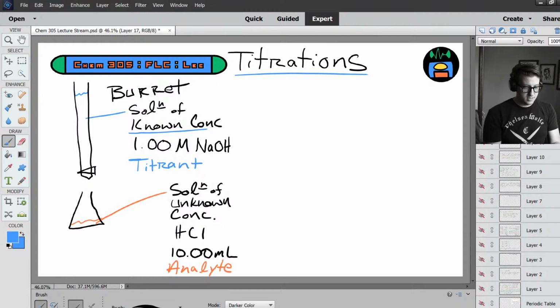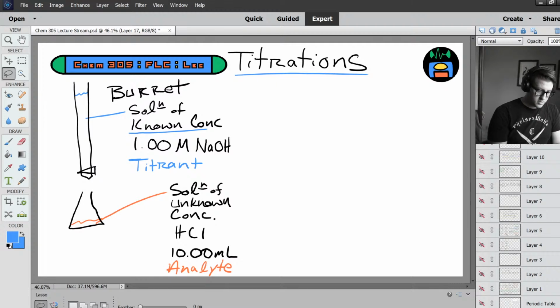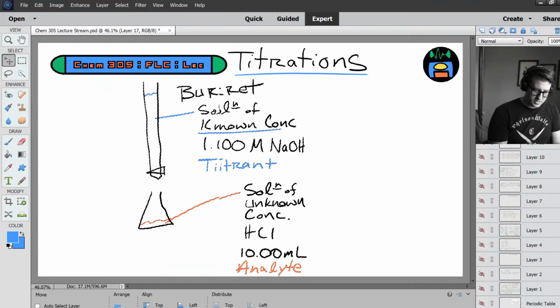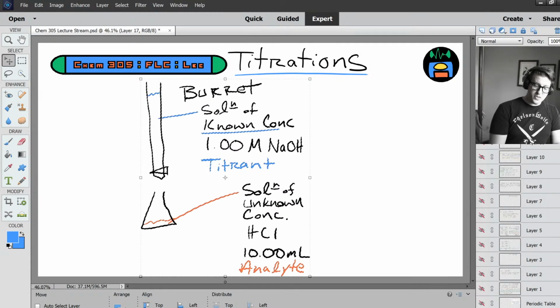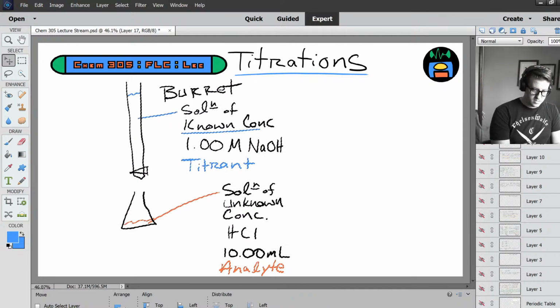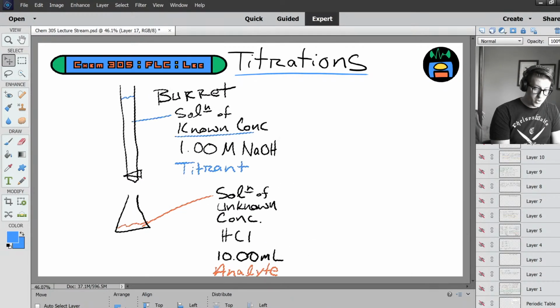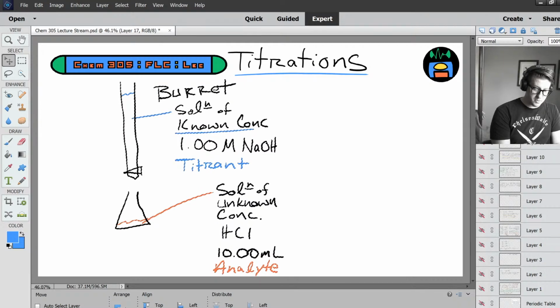Well, actually, before I start talking about that, I'm going to scoot this whole thing over. Just a moment. We're going to do a titration experiment to determine the concentration of the acid solution, the concentration of your analyte.